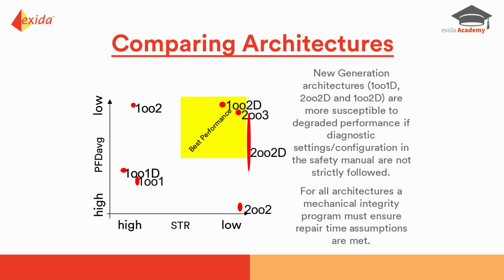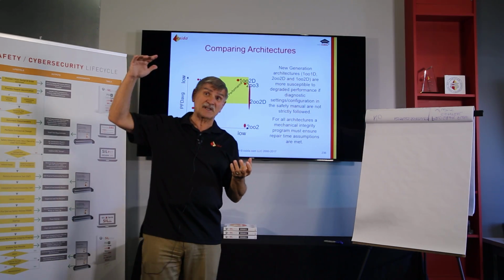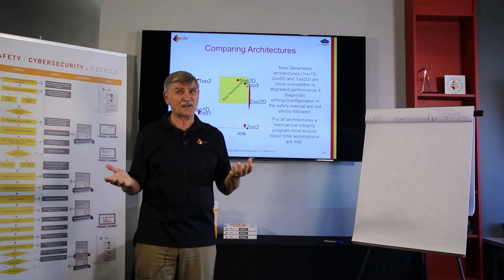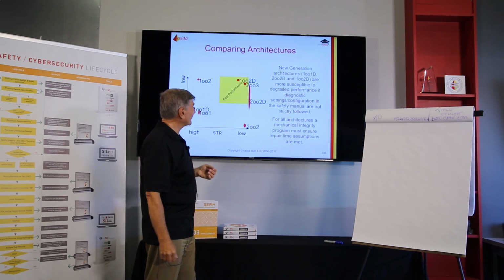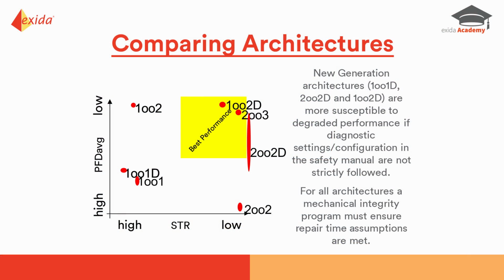To get a 2 out of 2D to be effective, you really need to be in the 98 or 99% range, and that's kind of hard, even today. But we're getting there. 1 out of 2D is probably the safest architecture of all, but the spurious trip rate is slightly higher than a classic 2 out of 3.